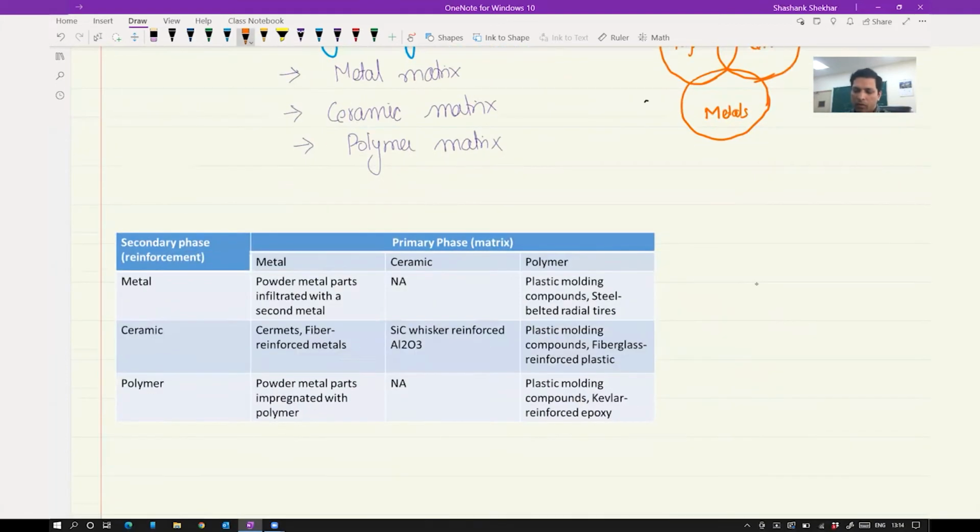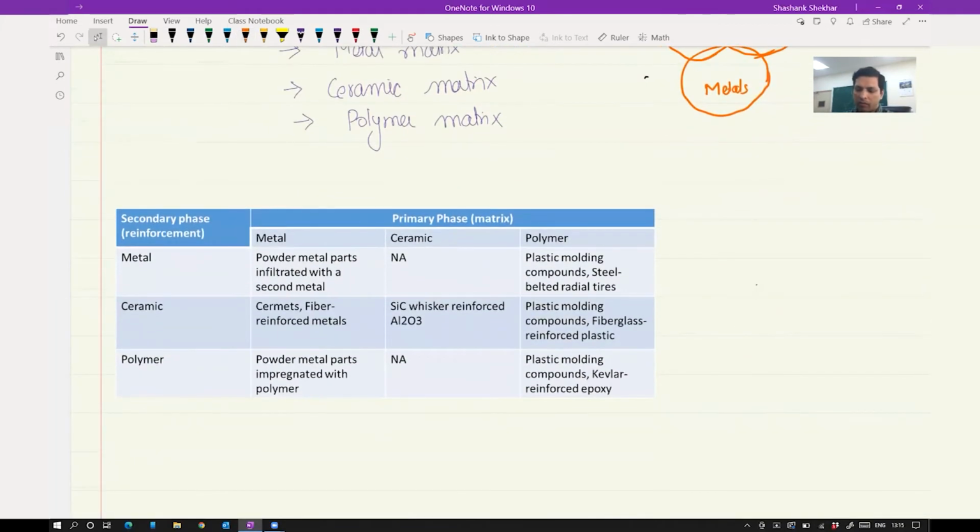Based on that, we can describe the overall matrix of composites like this, where you have primary phases here, metal, ceramic, polymer, and secondary phases as metal, ceramic, and polymer. So you can have a combination of metal matrix and metal reinforcement, for example, powder metal parts infiltrated with a second metal.